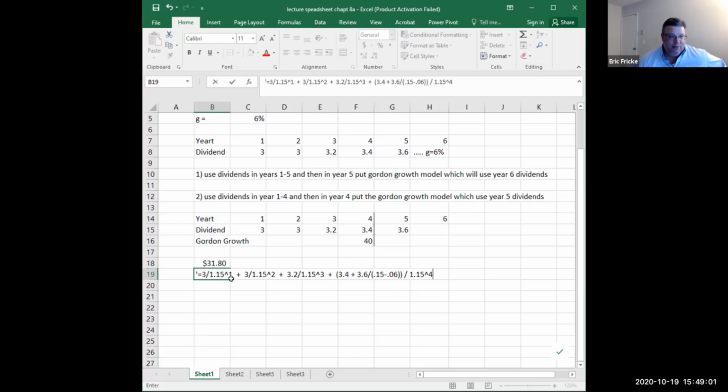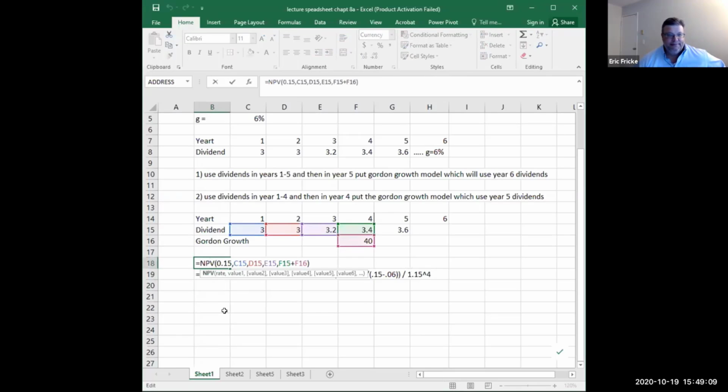So that's the math way of solving this problem. And it should give us the exact same answer as the NPV formula right here.